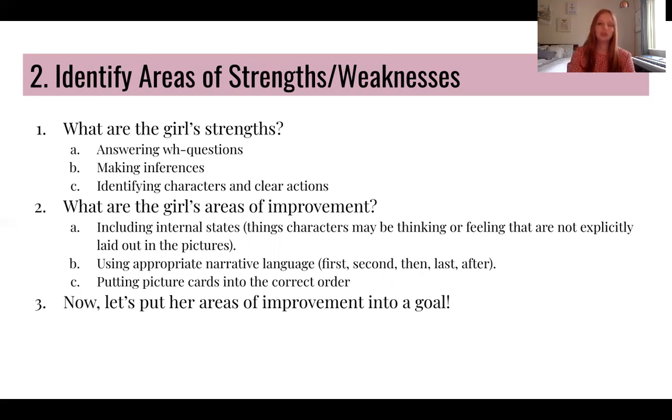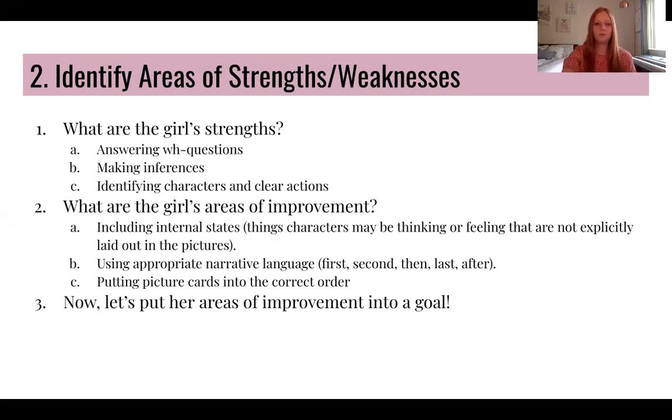And then finally is putting the pictures into the correct order independently, which she did and then didn't and then did. So this is something that you might focus on informally and just have her do it before you start therapy each time, but not necessarily something you would write a goal for, just something that you would do in addition to the treatment.